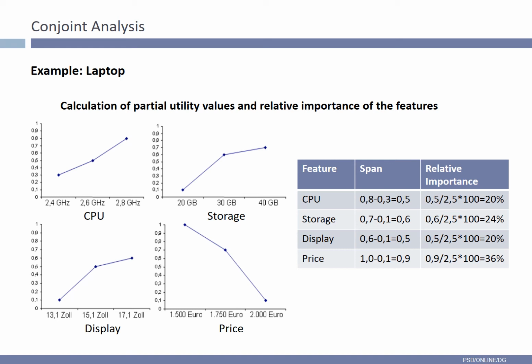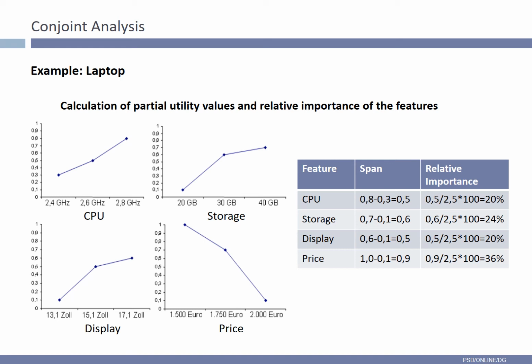If you do this same exercise for all the features, you come up with these spans of minimum and maximum utility created of 0.5 for the CPU, of 0.6 for the storage, of 0.5 for the display, and again, just as illustrated before, 0.9 for the price. And if you make the sum of them, 0.5 plus 0.6 plus 0.5 plus 0.9, you end up with 2.5.